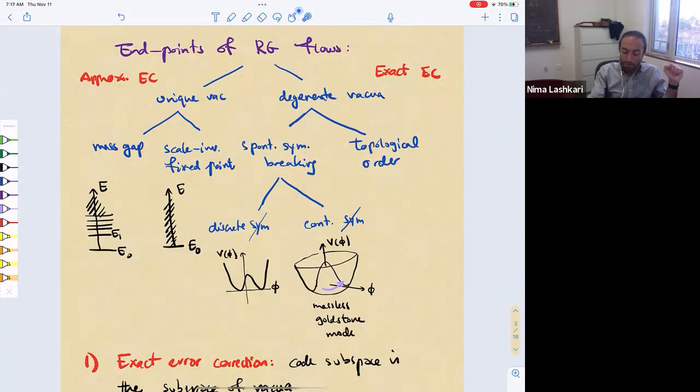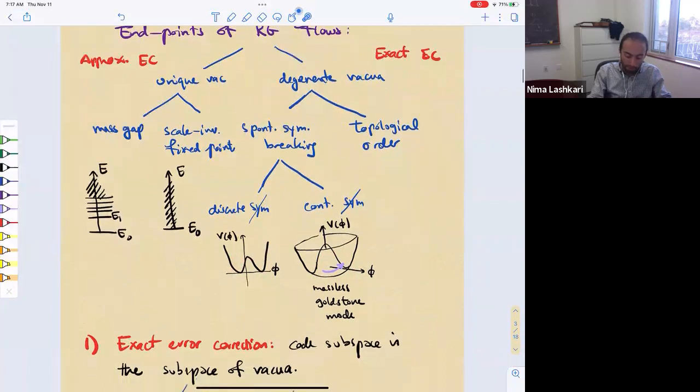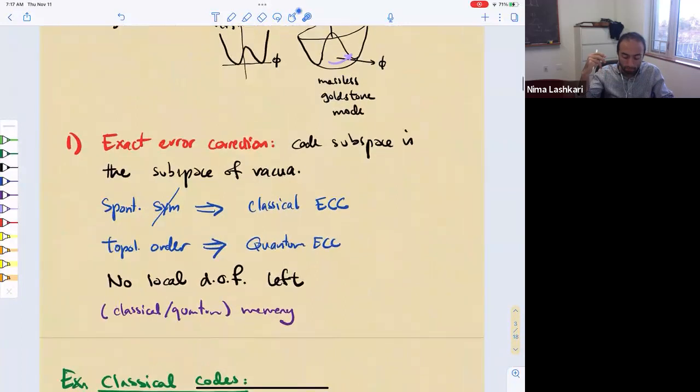In spontaneous symmetry breaking, you could have discrete symmetry or continuous symmetry. Of course, you will have a massless Goldstone mode here, and so on and so forth. So here you're going to have a harmonic oscillator as the encoded bit, and this is going to be just a classical bit. But this is a high level picture, and then we're going to zoom in more.